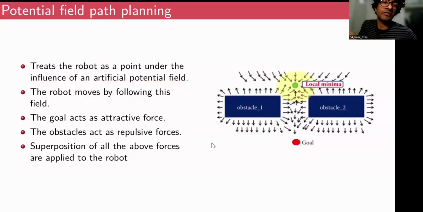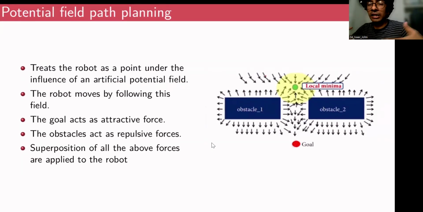So we basically create an artificial potential field where the obstacles create an outward potential, like a repelling force, and the goal position is an attractive entity. So any object that you place in this field will be repelled from the obstacles, and due to the influence of all the fields, it will get attracted to the goal position.